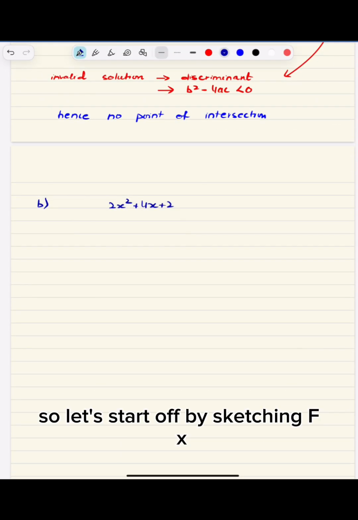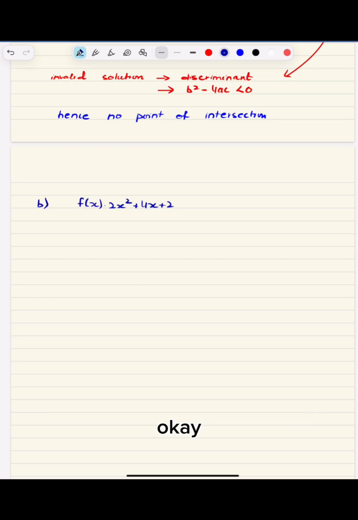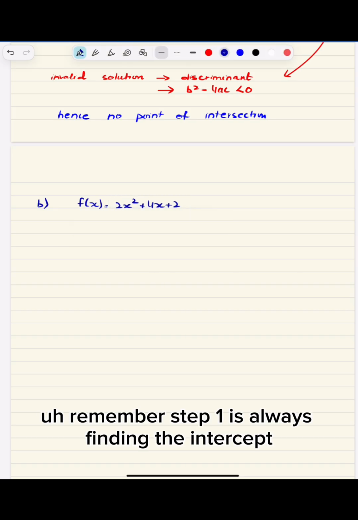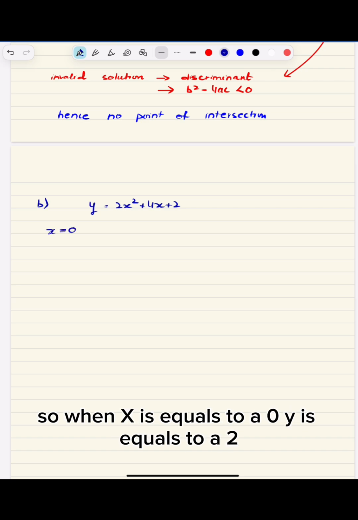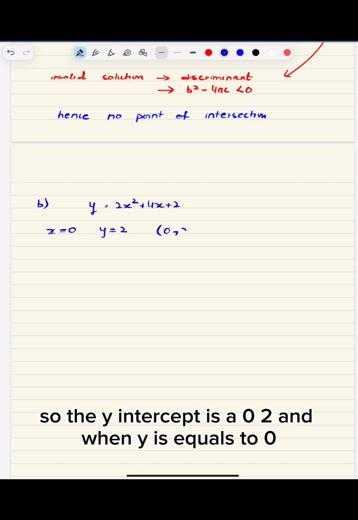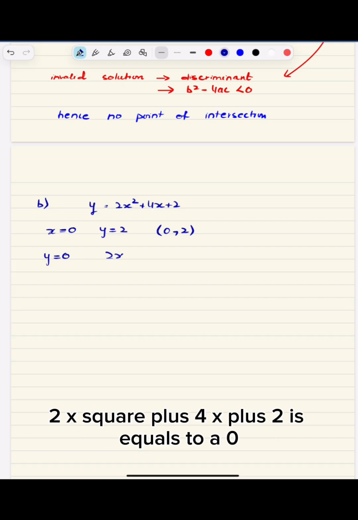So let's start off by sketching f(x). Remember, step 1 is always finding the intercepts, right? So we can just write this as y. When x is equal to 0, y is equal to 2. So the y-intercept is (0, 2). And when y is equal to 0, 2x squared plus 4x plus 2 is equal to 0.